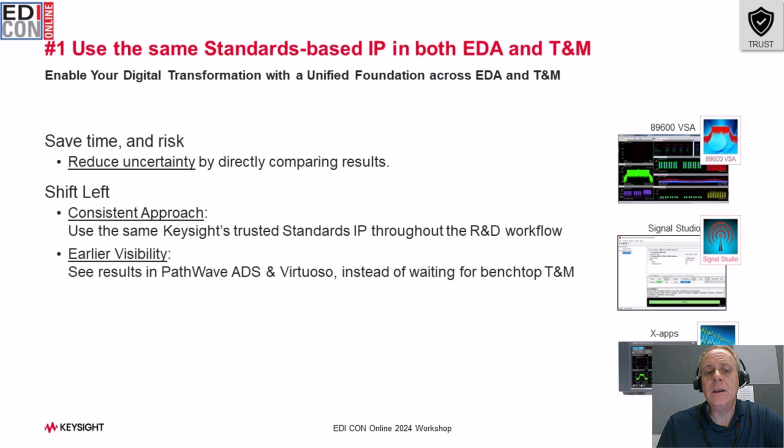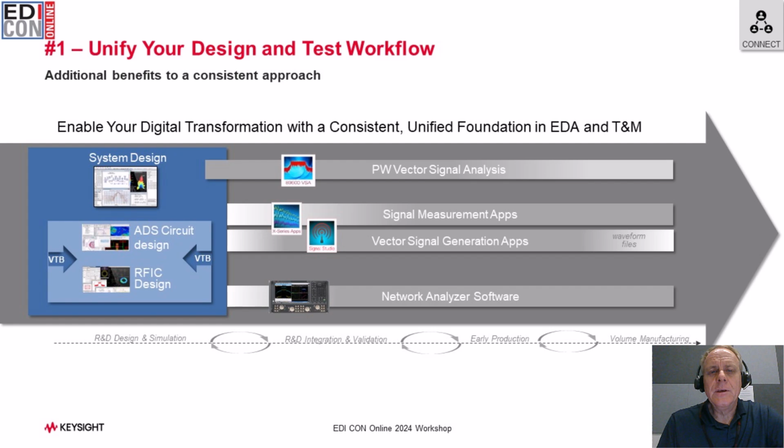And you do this in ADS through virtual test benches and through waveforms that you can leverage as waveform files and with Python. In System View or PathWave System Design, you can also work with not only its own libraries, but also with the 89600 VSA and direct connection to equipment. What this does is very interesting.